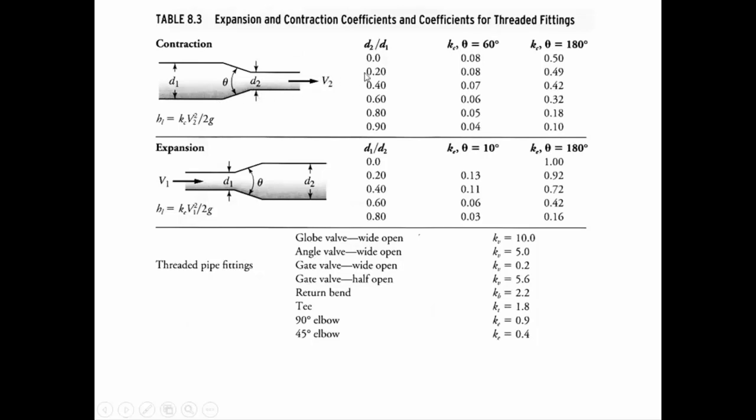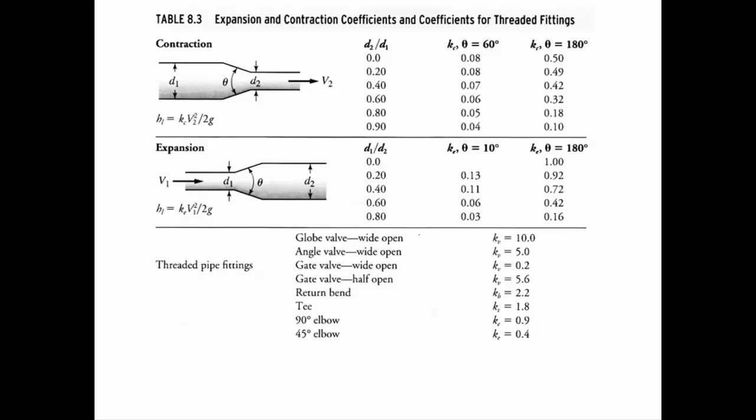And so if the ratio of diameter 2 to diameter 1 is 0.2, this is a contraction that we're looking at for now, that ratio means that here's diameter 2, and here's diameter 1.